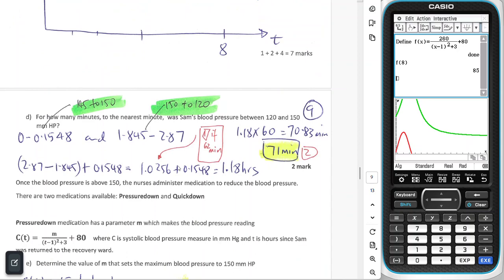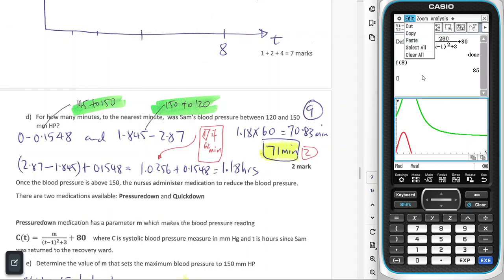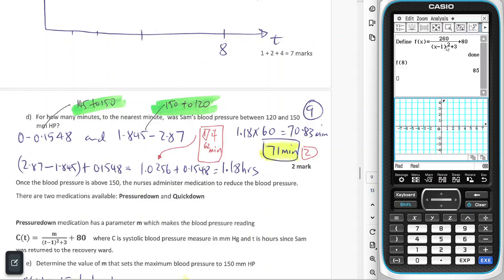Okay. For how many minutes to the nearest minute was the blood pressure between 120 and 150? Okay, so I might just go edit here, all, and clean that up and get my f of x and drag and drop.